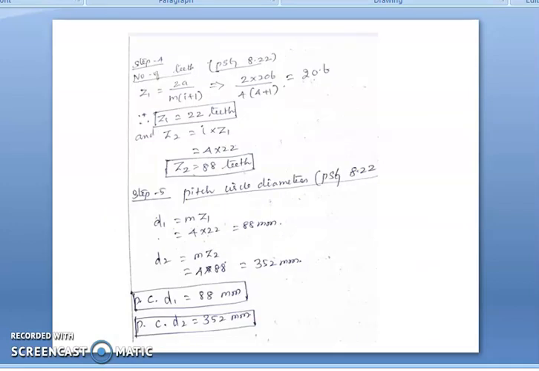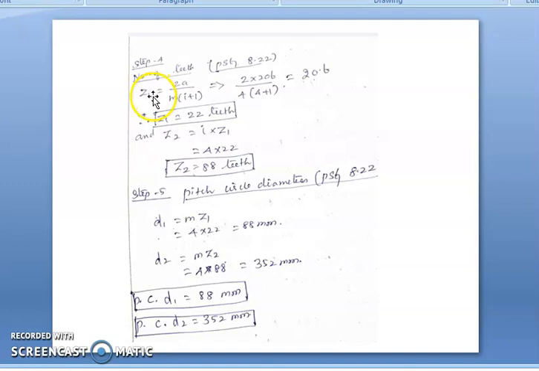Then the fourth step. Now we have fixed the module and calculated the center distance. Now we have to fix each parameter of the gear drive. The formula for the number of teeth is available at page number 8.22.